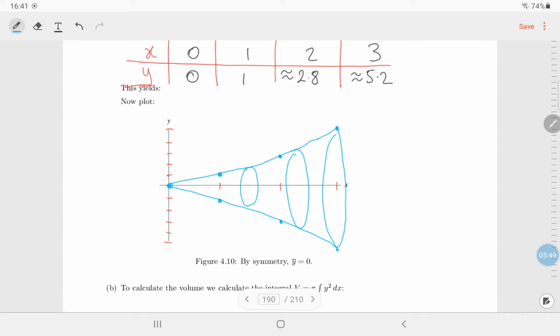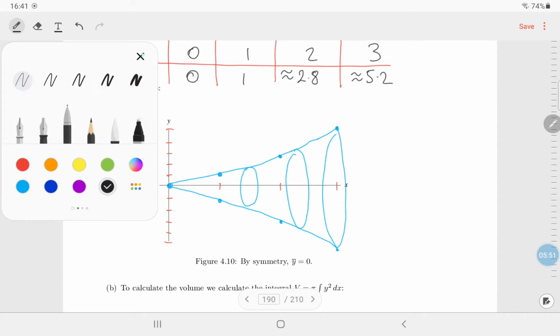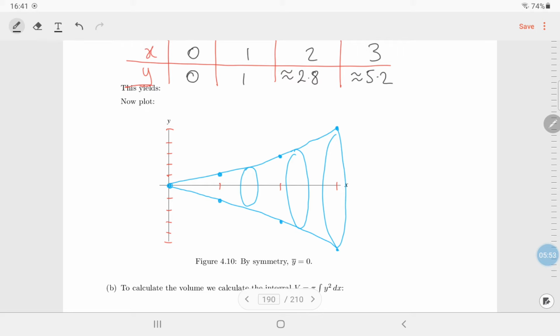So by symmetry, we know. Yeah. So the answer could end up being a bit funny, just because of the way we've done it. The answer mightn't make sense because actually this thing, if you put it in, is far wider than this. Imagine the y-axis, look at this distance, this is 5.